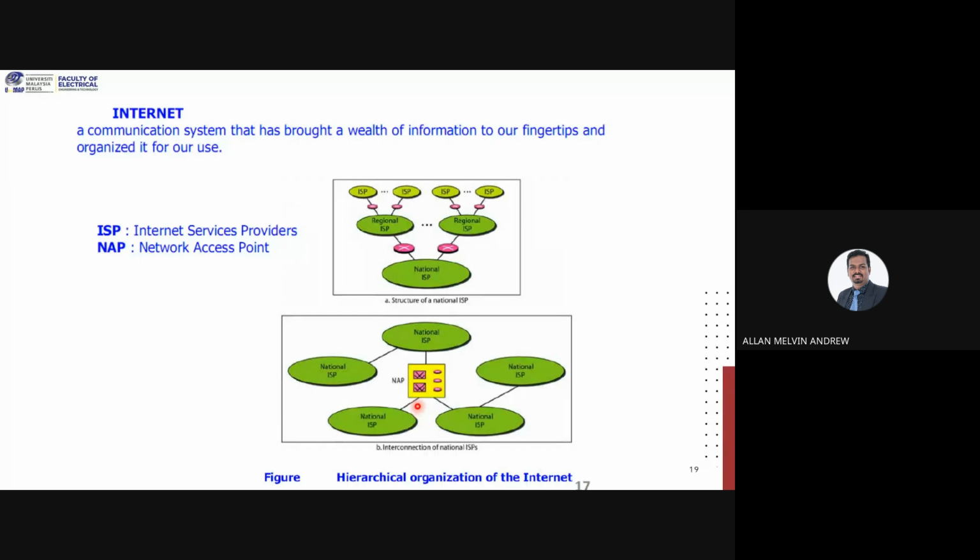In this world we have almost 200 countries, so if the 200 countries are using the internet, there will be 200 plus networks available to be interconnected.